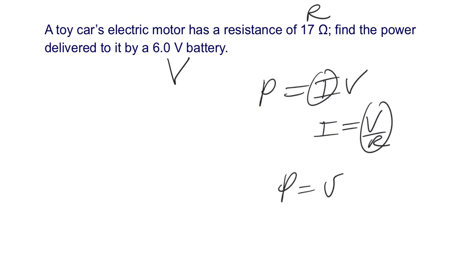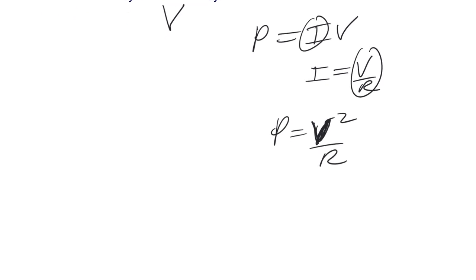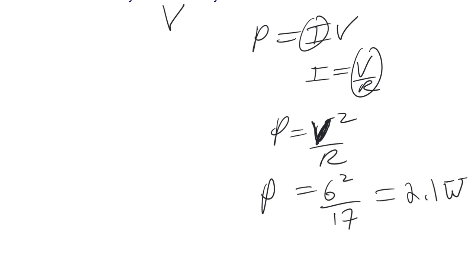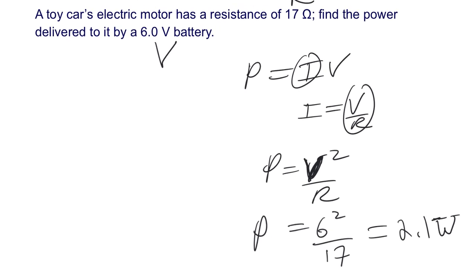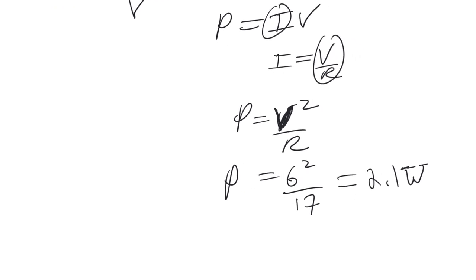So P equals V squared over R. Okay, and so it's 6 squared over 17 is what the power is. And I get 2.1 watts. That's the wattage that the motor is using.